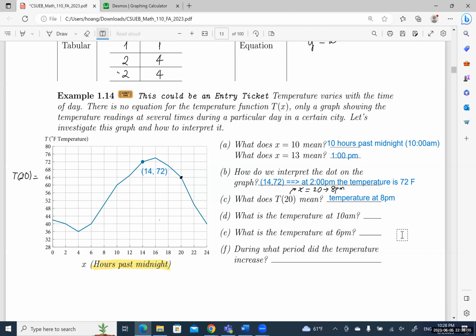But in here, it just says what does T(20) mean? So it means temperature at 8 p.m. Okay.